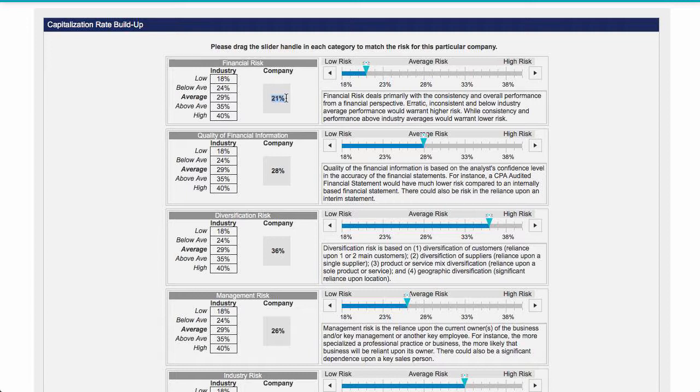So it's up to the analyst to read the financial section risk and gauge based on the historical financials of the company how much risk the specific company has. In this particular case, I think I used an average risk.